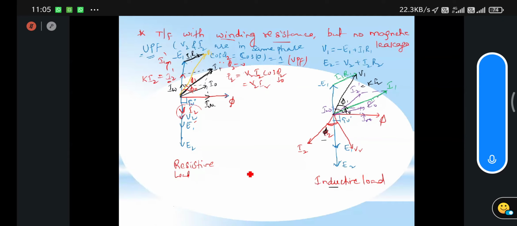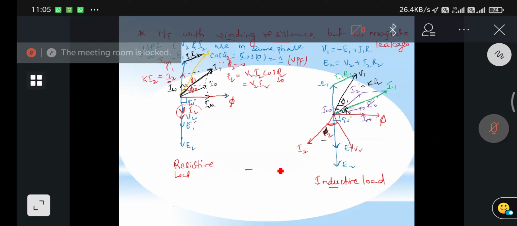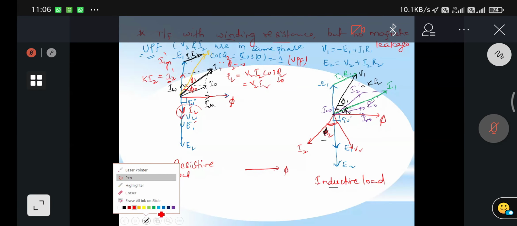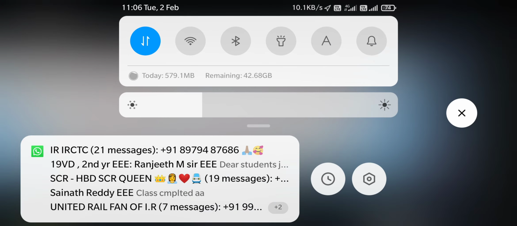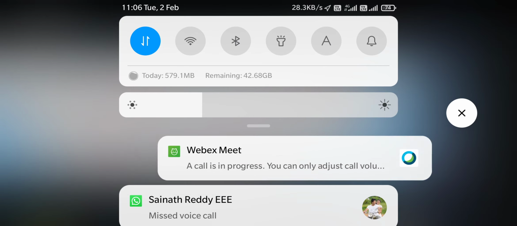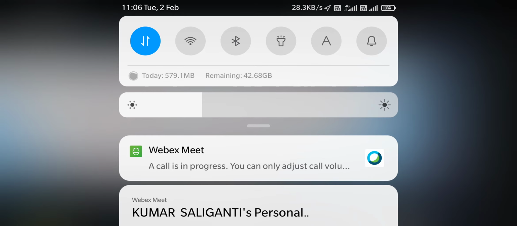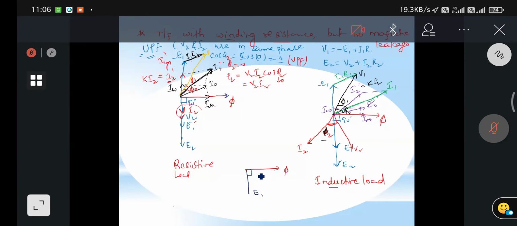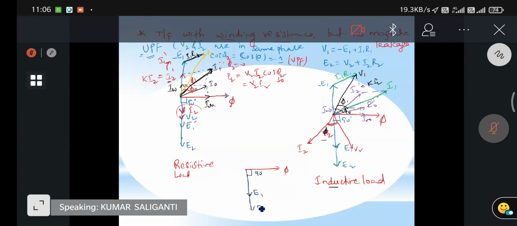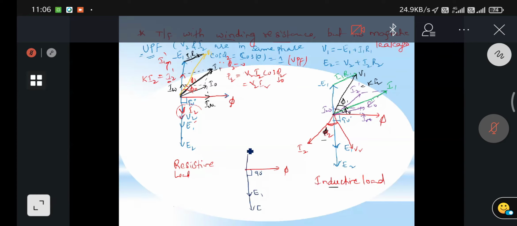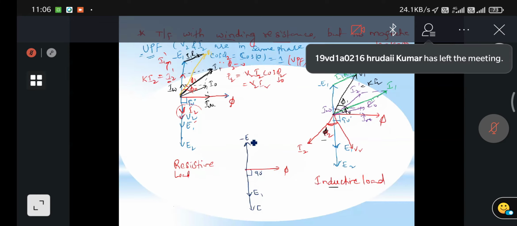Let us take a plus as a resistance. This one is E1. Same thing, it lags by 90 degrees here. If you reverse E1, then you can get minus E1 here.